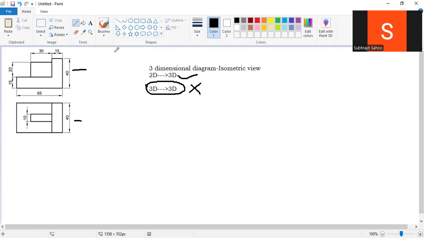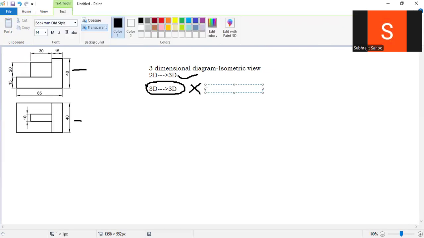For example, the object may be a hexagonal prism, a pyramid, any prism, a pentagonal prism, a cylinder, or a cone, a variety of 3D objects.